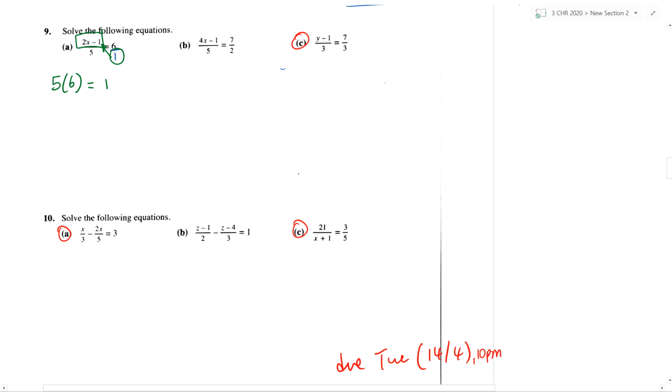So 1 multiplied by the entire 2x minus 1. We must put brackets over here, otherwise it will be wrong. We will see it again in part B.